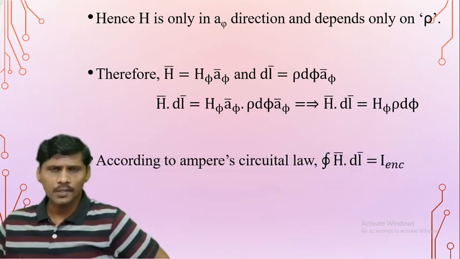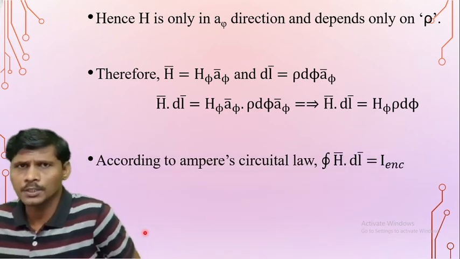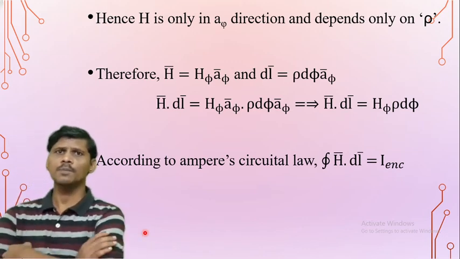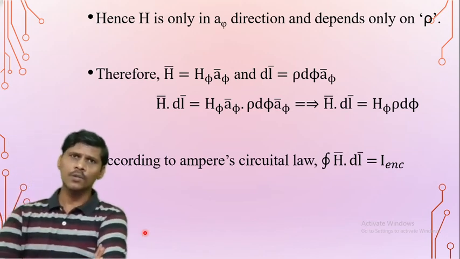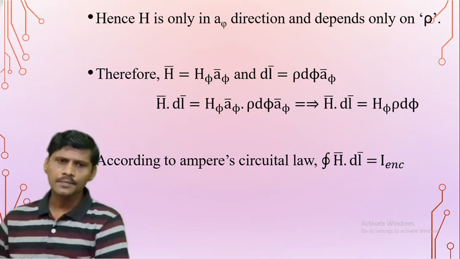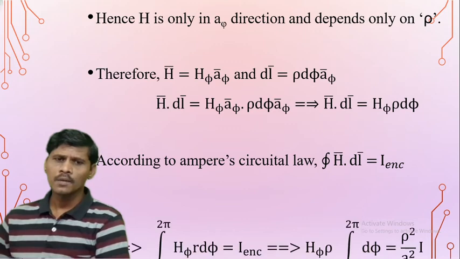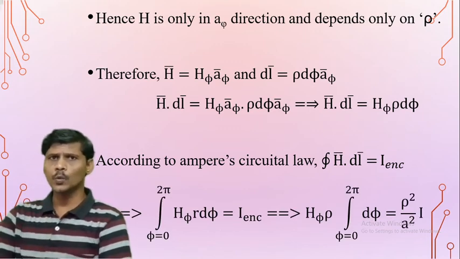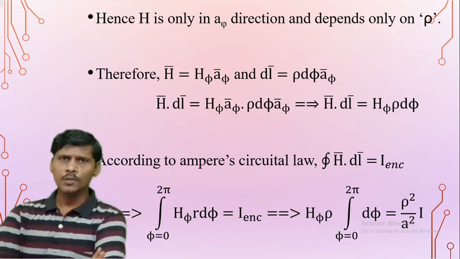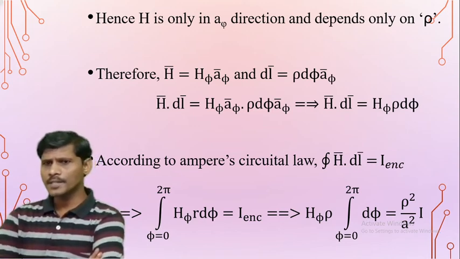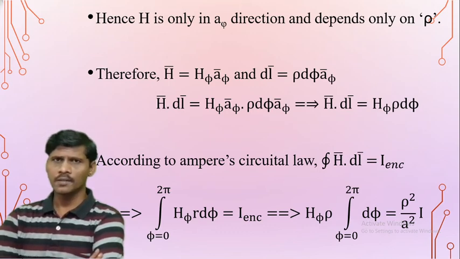According to Ampere's circuital law, the closed line integral of H bar dot dl bar is equal to I enclosed. Substituting the H bar dot dl bar value and the enclosed current value in this equation, we get the closed line integral over the closed path, where phi varies from 0 to 2 pi, of H phi rho d phi, equal to the enclosed current. Integrating with respect to phi, H phi rho is constant, so it is written before the integration. H phi rho integral from 0 to 2 pi of 1 d phi is equal to the enclosed current.